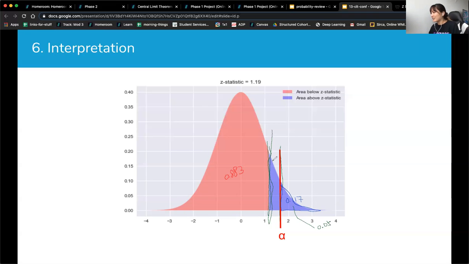Ideally we want it as close to the right side as possible. However, in this case, it doesn't pass our alpha threshold. Therefore, by conclusion, we say that no, they are not significantly at a higher IQ than the rest of the population. Does that make sense?